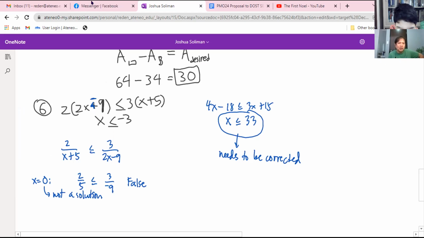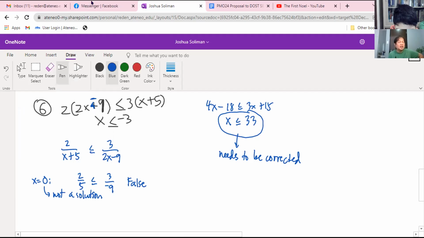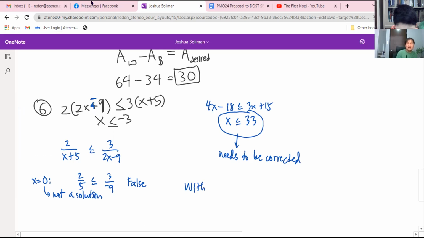It's got to do with inequalities and negative numbers. Okay. With inequalities, do not cross multiply.